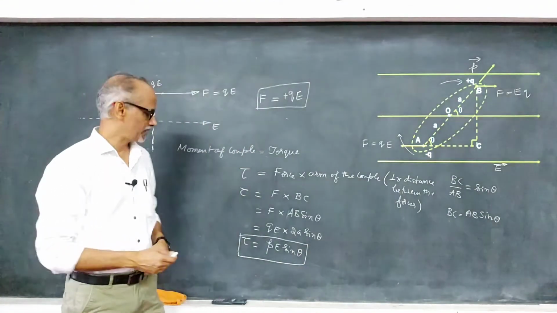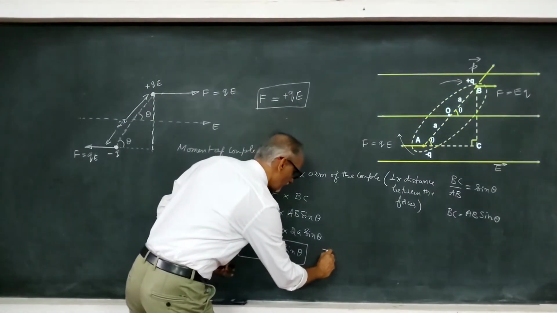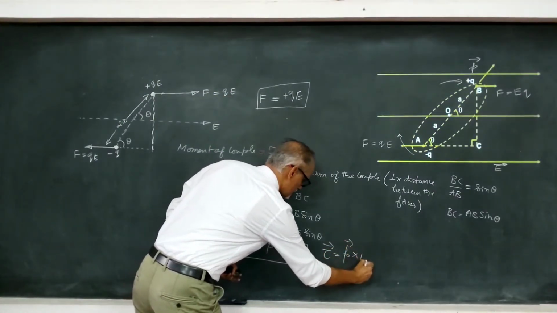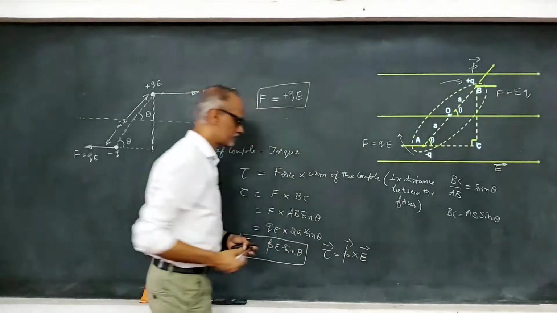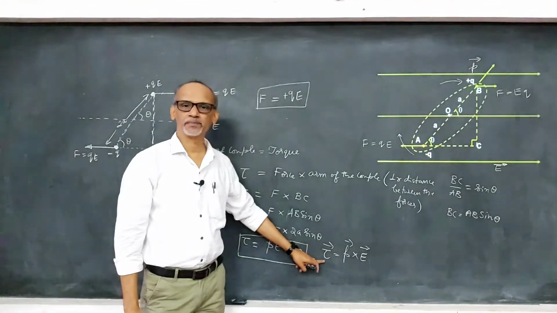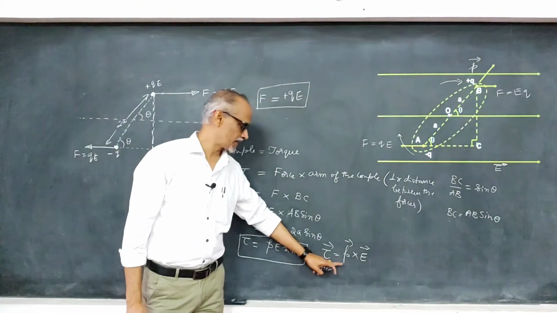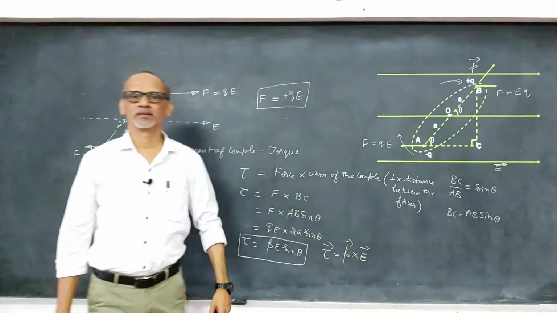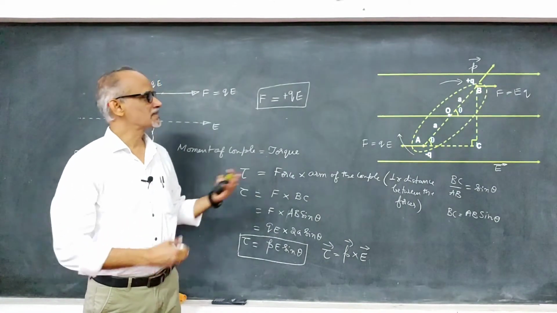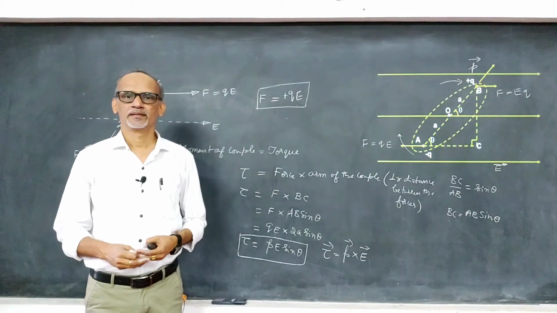If you want to write the same in vector form, then vector tau is equal to vector P cross vector E. So, the torque on an electric dipole is the cross product of dipole moment and electric field. So, this is the expression. And what is the result of this torque?